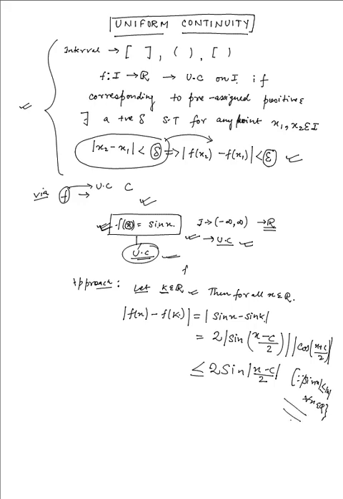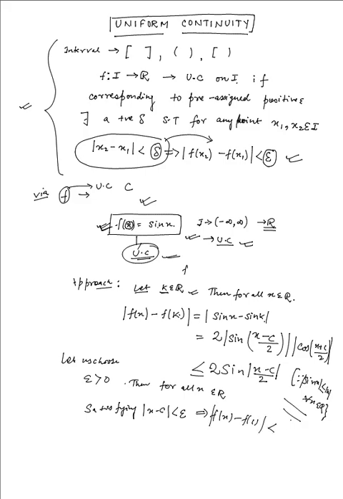So let us choose epsilon greater than 0, then for all x belonging to R satisfying the modulus of x minus c less than epsilon, we show that the modulus of f(x) minus f(c) is less than epsilon, whatever k belonging to R you choose, right?